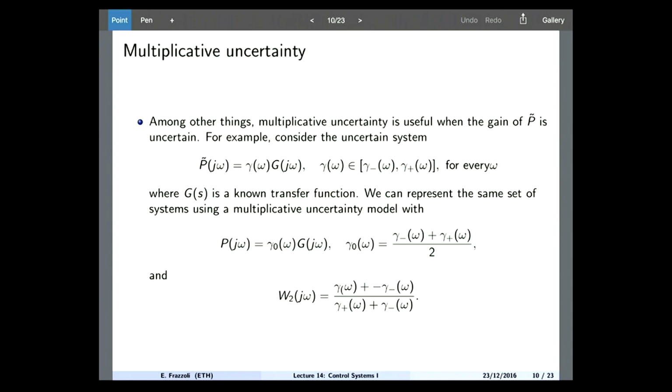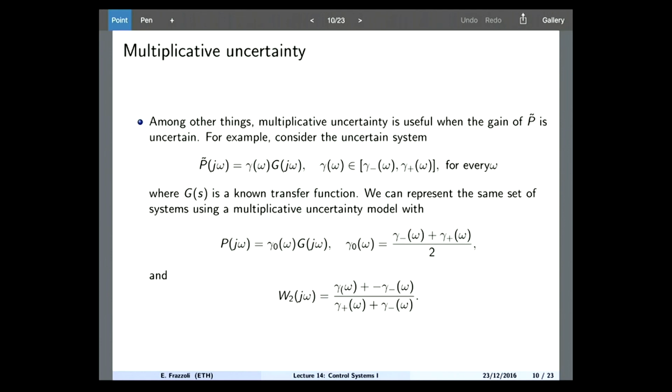I don't know what the weight of the luggage in the trunk of my car is, but I know that it will be between 0 and 500 kilograms. So this is how you set the W2, essentially. G is a known transfer function, so now we can represent the same set of systems by using multiplicative uncertainty.